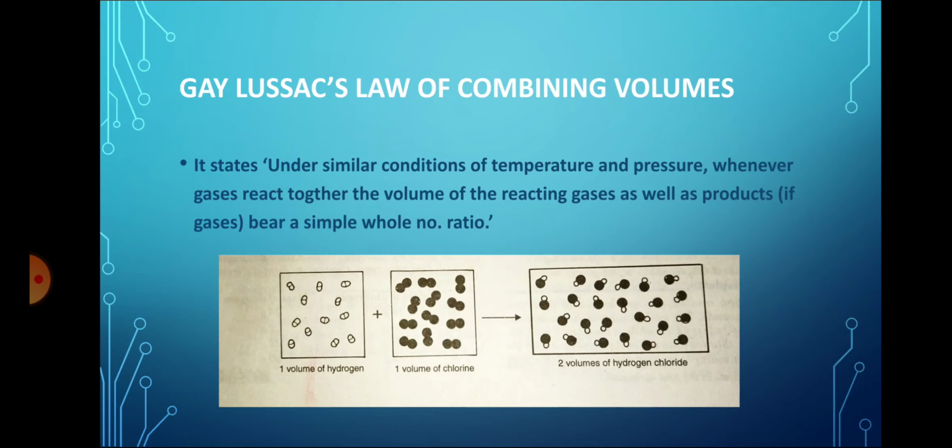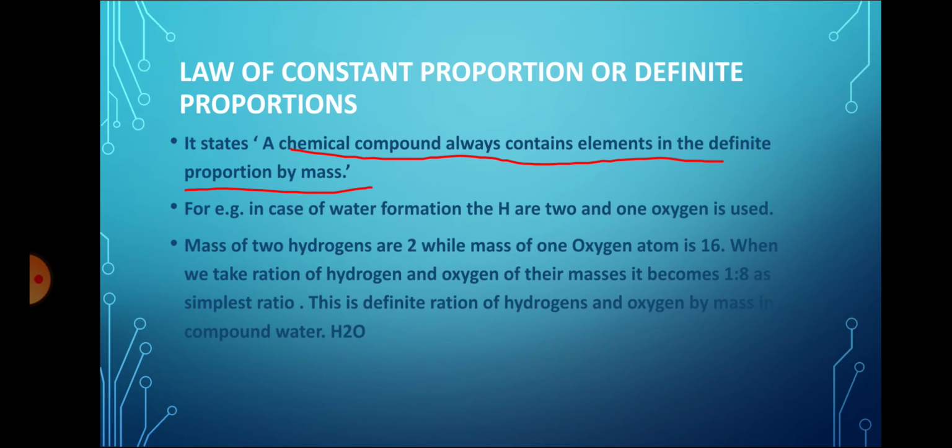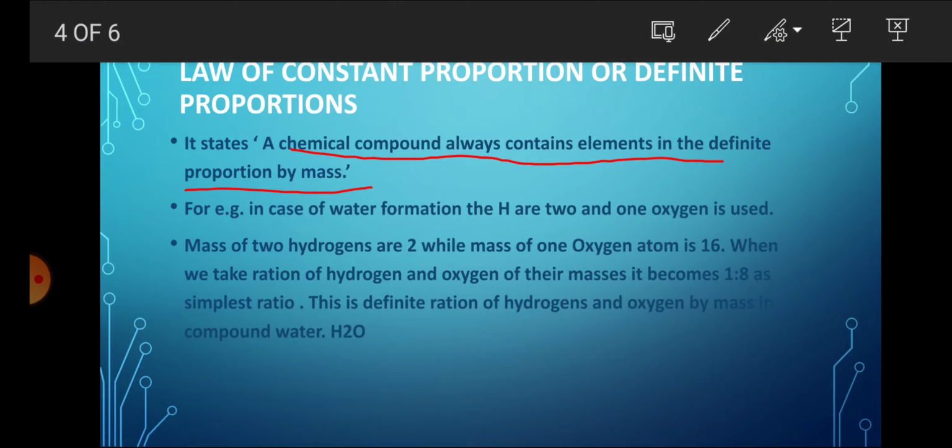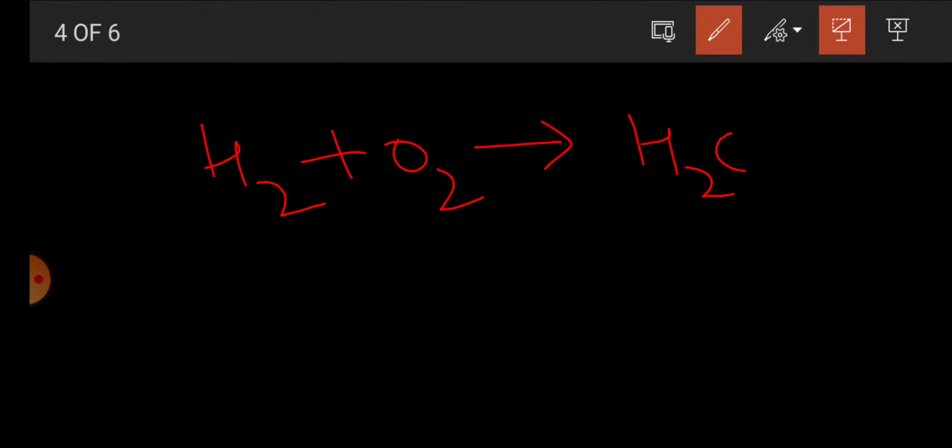According to the law of definite proportion, think that you have two elements, hydrogen and oxygen, giving H2O.